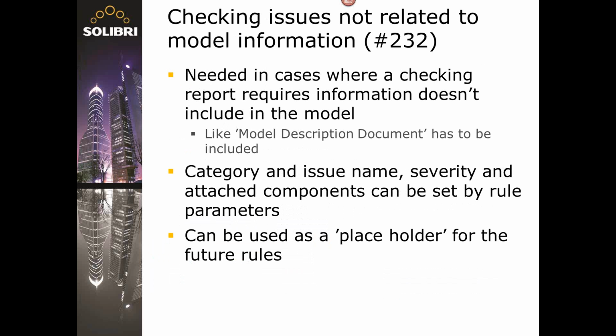It can be a Word file or PDF file. It's not included in the model. So it's impossible to check automatically from the model whether that document is delivered or not. But you can have a rule which asks you to take a look if that is generated or delivered, and you can manually then define, yes, it's delivered or it's not.